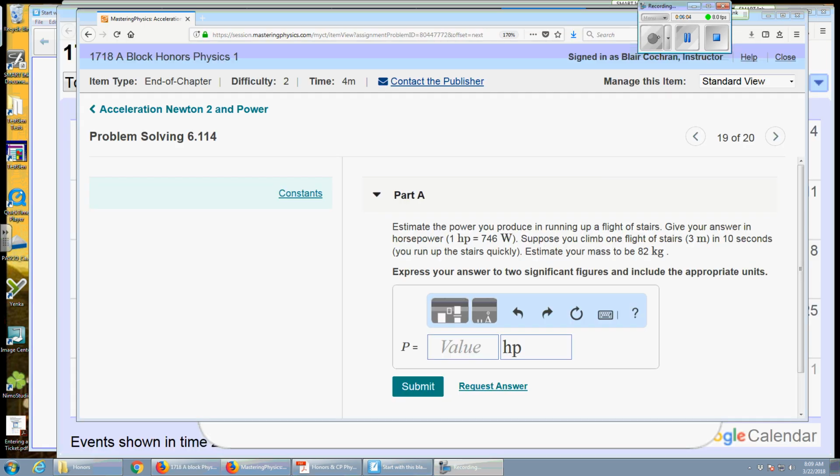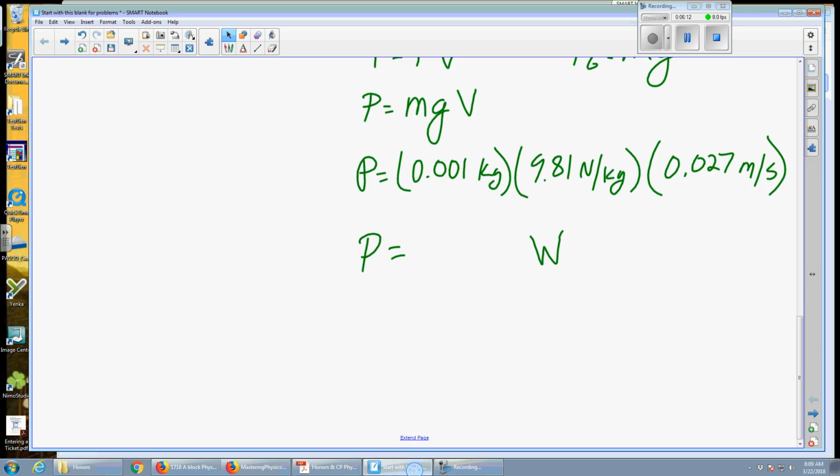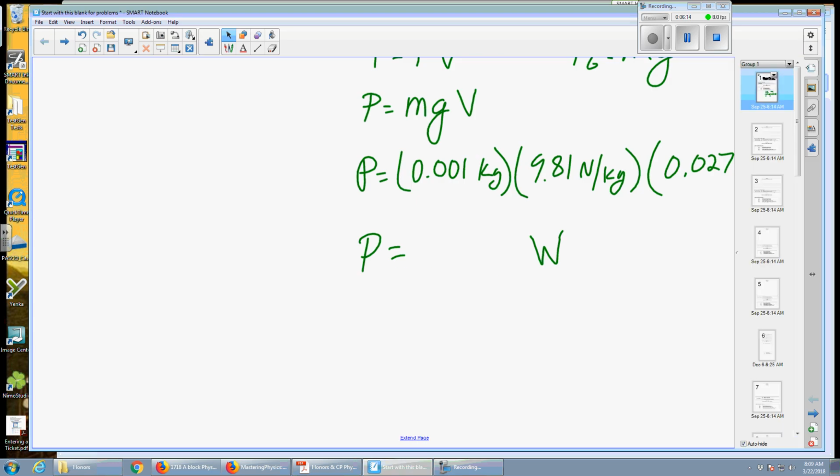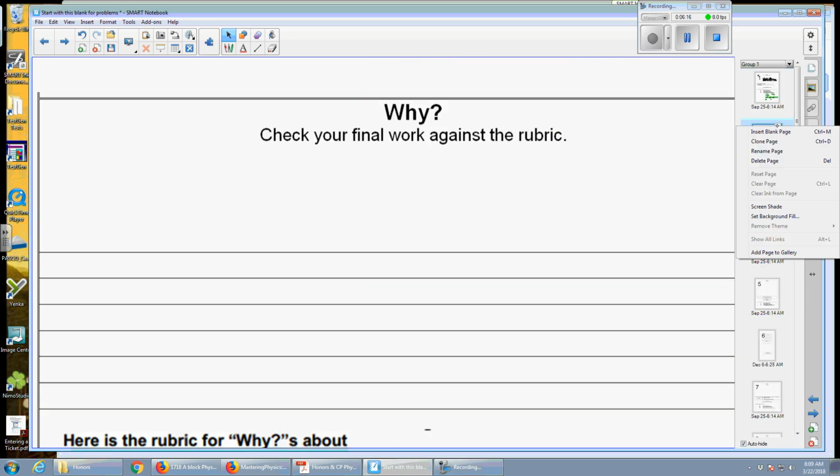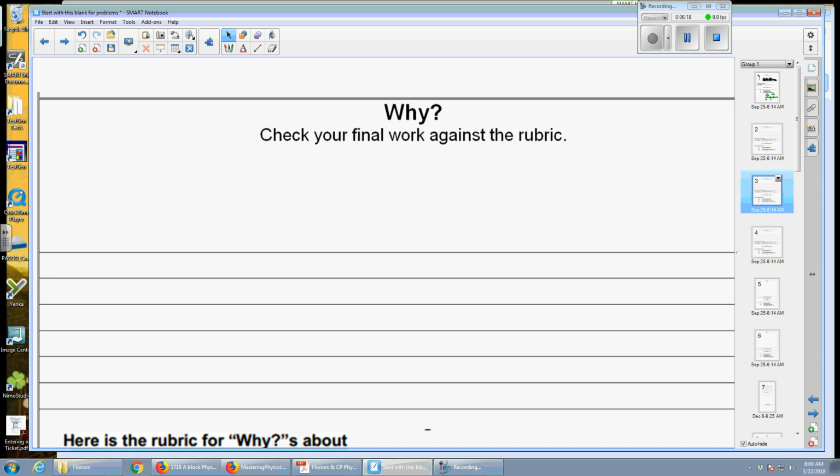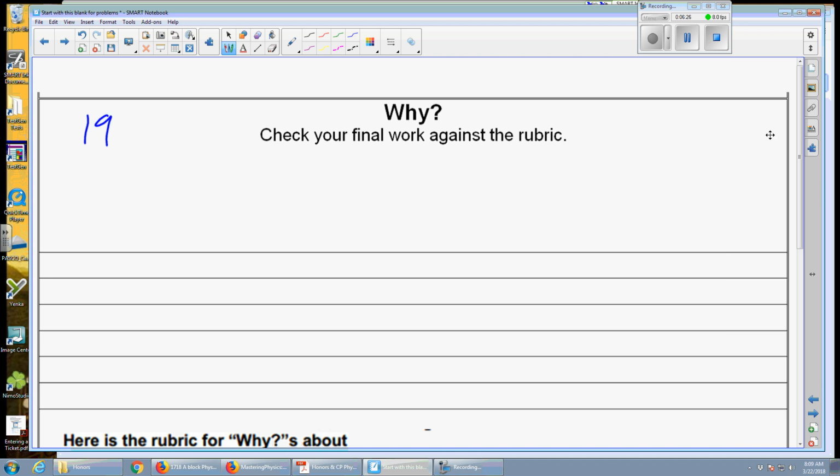All right, so number 19, where we've got running up a flight of stairs just like you did in that lab in class. I'm going to again do a written Y for this, and it's going to be very similar to 17's Y. So maybe there's a trend there.